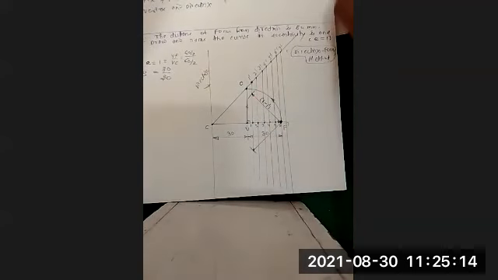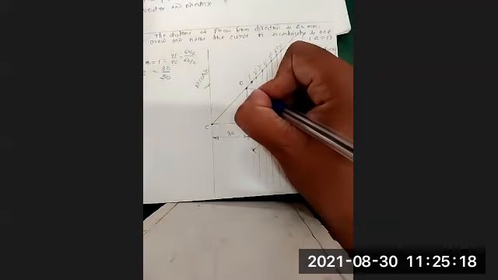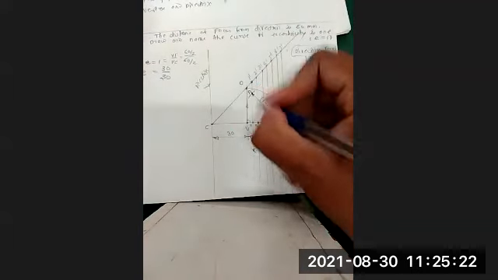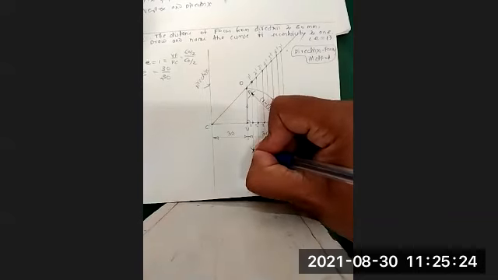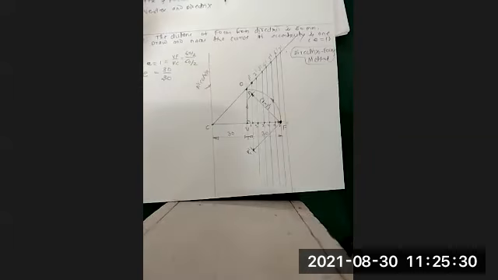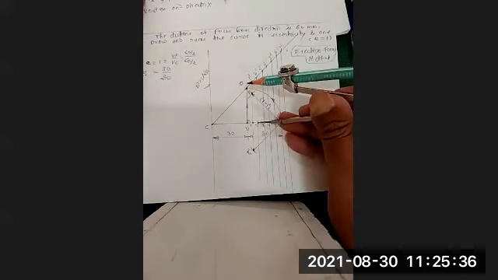So 1 to 1 dash, this point, I will name this point as P1 and this concern point P1 dash, suppose. Okay. Similarly, we have limited time left, but we will finish it.